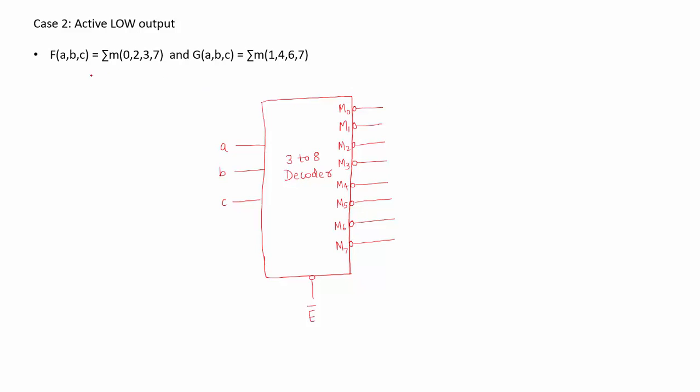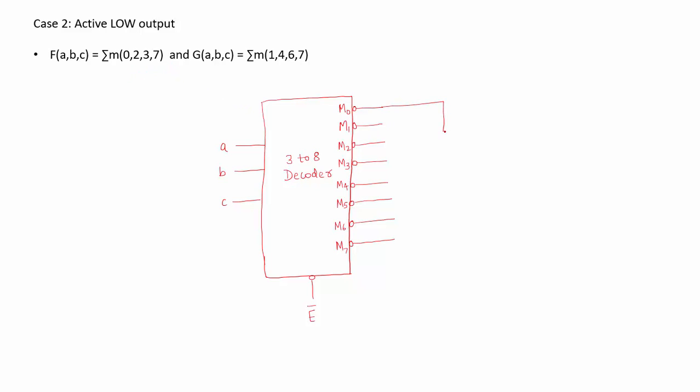So in order to realize function f, we need minterm 0, 2, 3 and 7, whereas we have max term 0, 2, 3 and 7. So what we can do is, we can connect these 4 max term to a NAND gate whose output will give us a 1 in case any of the input combination for 0, 2, 3, 7 is given.